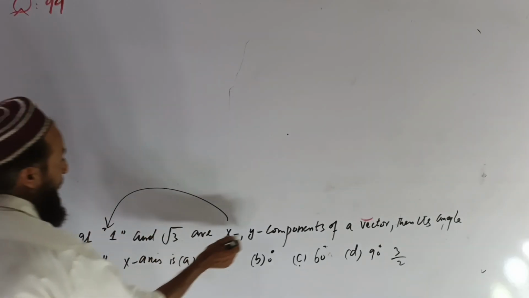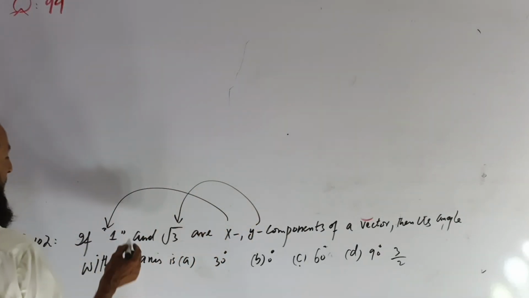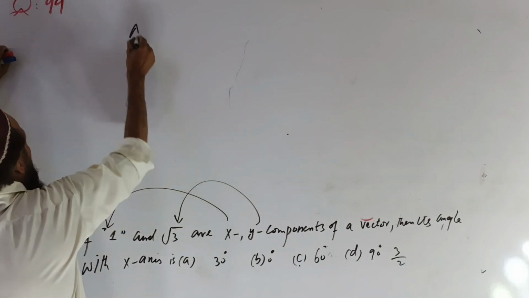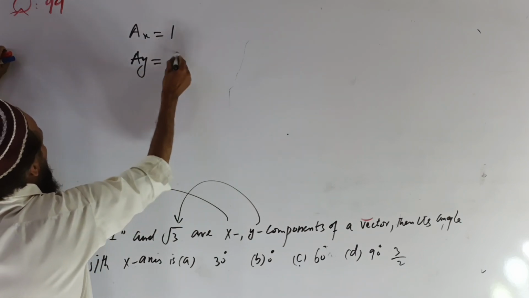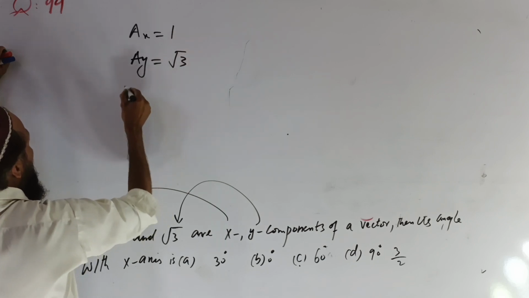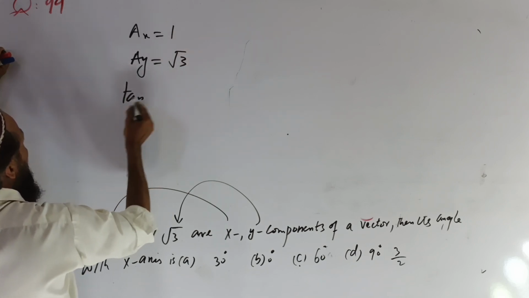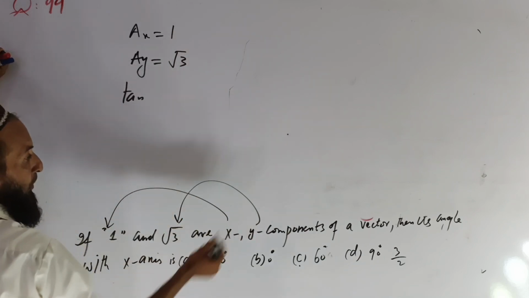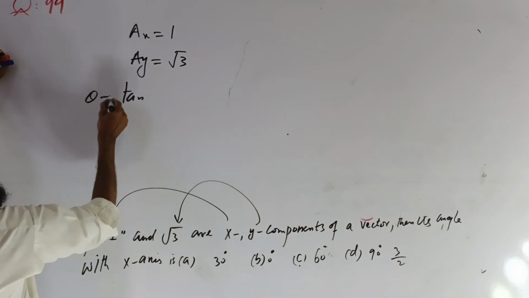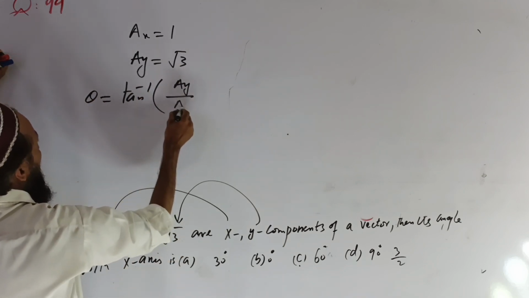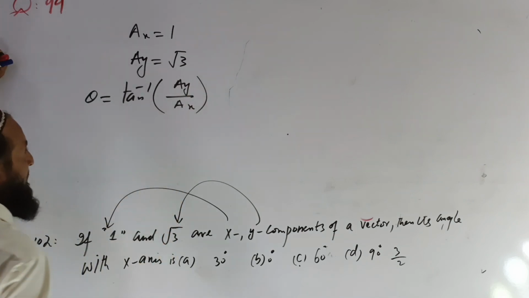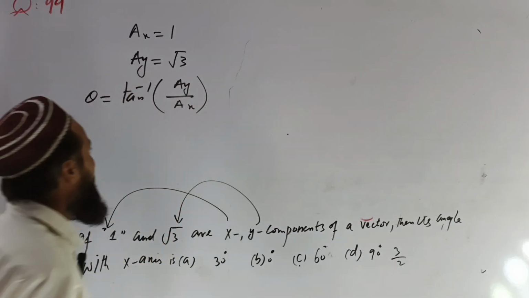The x component is equal to 1 and the y component is equal to root 3. According to the formula, tangent inverse theta is required. Its angle theta is equal to tangent inverse of y divided by x, perpendicular by base.